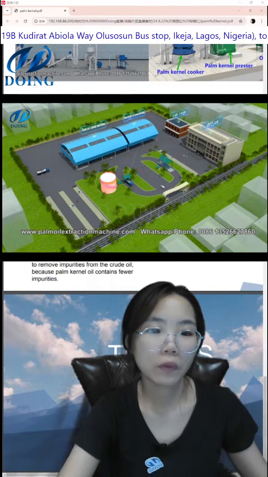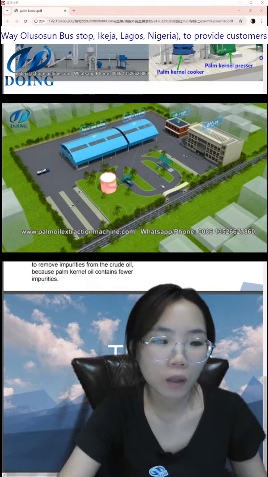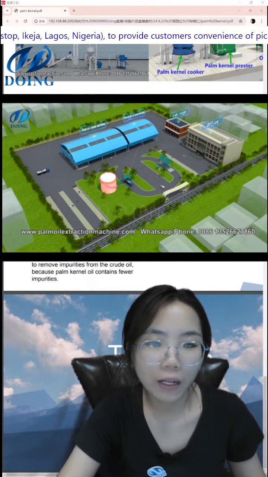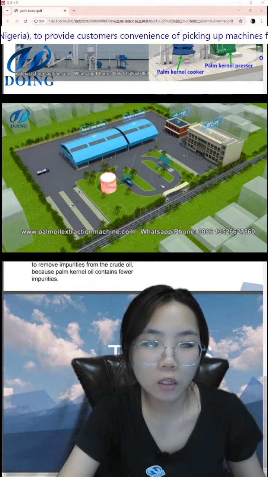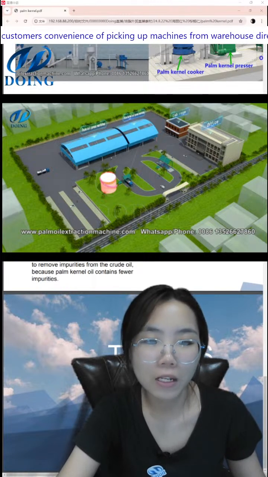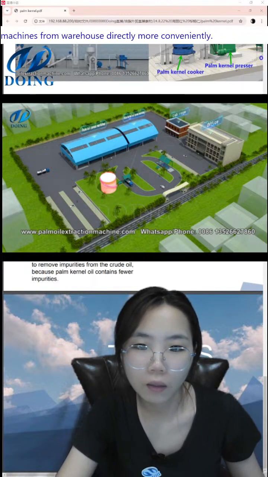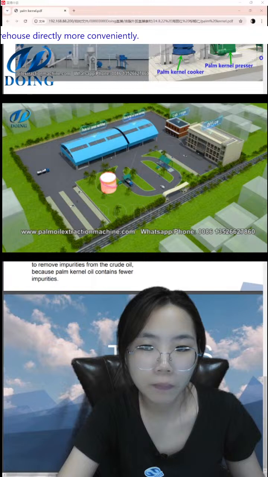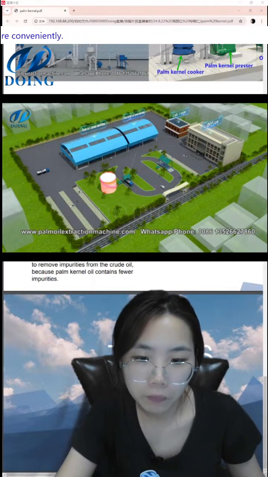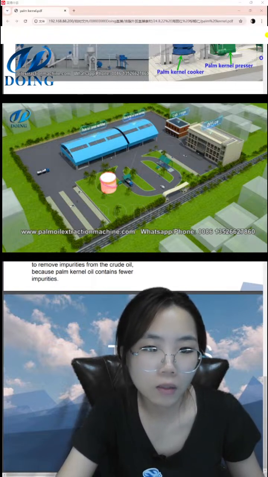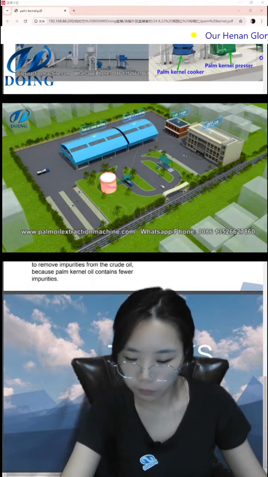Our engineering team can also plan the factory according to the site condition of the customer, and provide the factory layout, equipment processing line, and buildings, foundation, and so on.